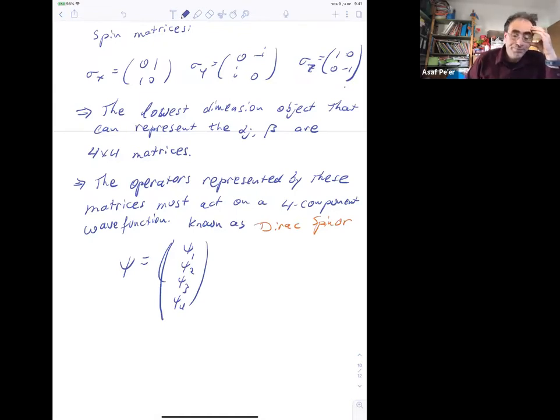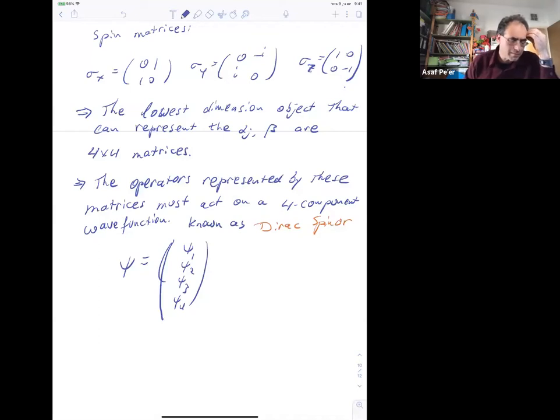So remember what we did. We need a quantum mechanical description of the wave function that satisfies the Dirac equation, so it has only first order space and time derivatives, and is consistent with the Klein-Gordon equation, which means it's consistent with Einstein's relation.